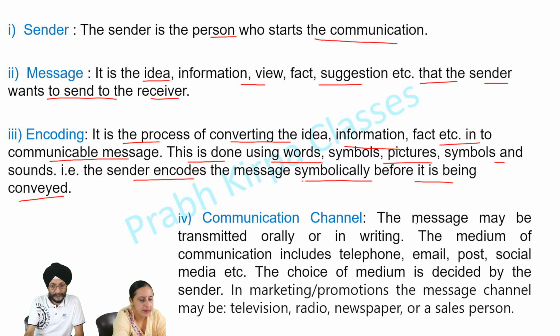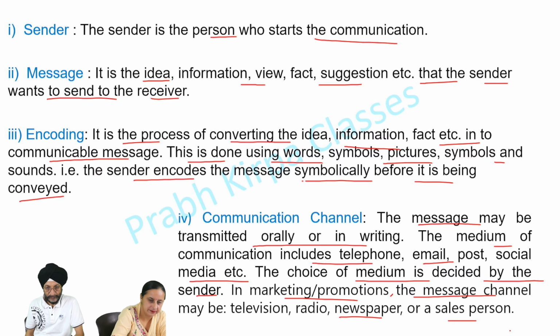The message may be transmitted orally or in writing. The medium of communication includes telephone, email, post, social media, etc. The choice of medium is decided by the sender. In marketing or promotions, the message channel may be television, radio, newspaper, or a salesperson.